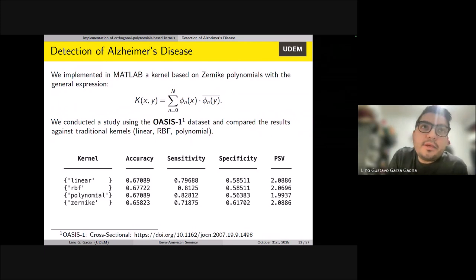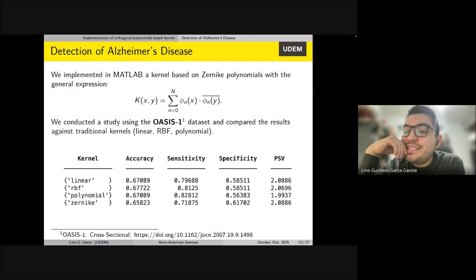This data set is a set of images of brains, and we want to classify the subjects, the people, as sane or as a person who has Alzheimer's disease. So that was our goal. I have to say that this first approach was made with some students in my university.